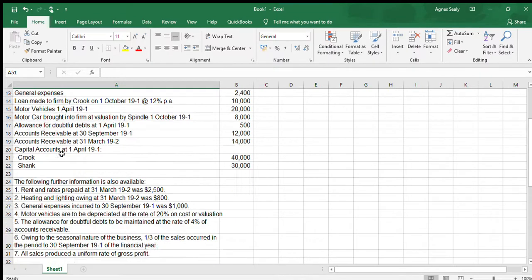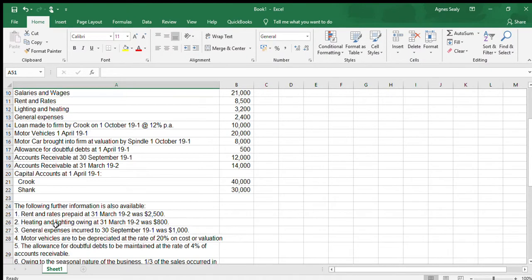expense we're looking at is lighting and heating. With lighting and heating, the expense that was paid out is $3,200, but it's telling us that heating and lighting owed for the period was $800 at the end of the period.